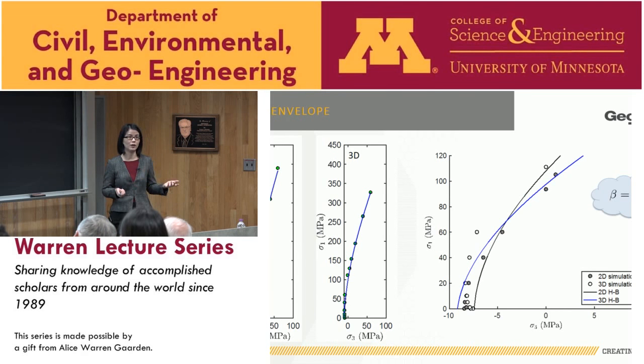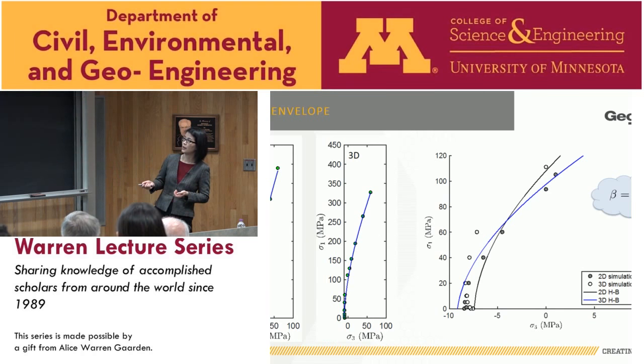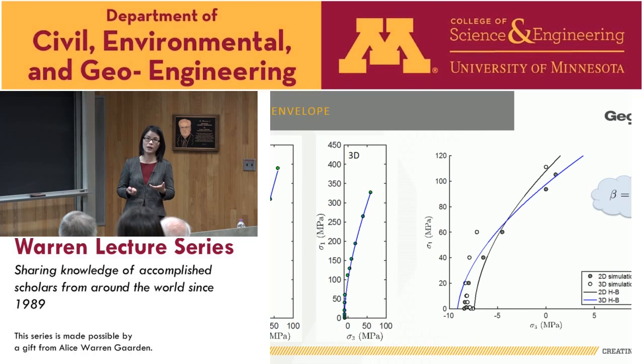For example, Brace in the 60s did experiments and showed the tensile cut-off is justified. The original Griffith's theory proposed that the material would fail in tension if the principal compressive stress is no more than 3 times the tensile principal stress. That's for 2D plane strain. For 3D, I believe the modified Griffith's criterion is about 7 to 8 times.